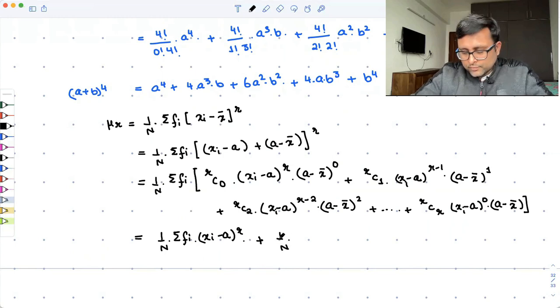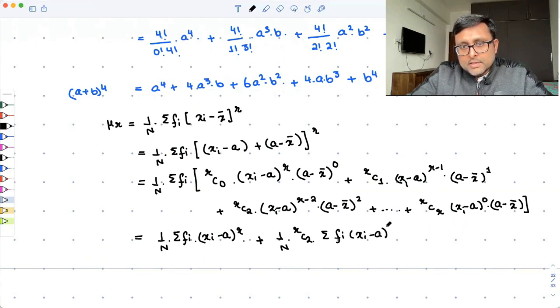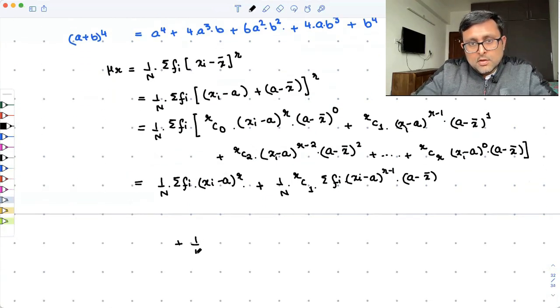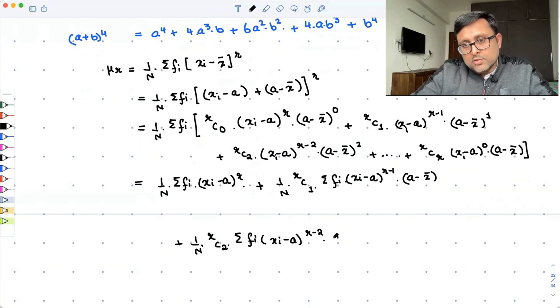It is 1 upon n rC1 summation of fi into xi minus a to the power r minus 1 into a minus x bar, plus 1 upon n rC2 summation of fi into xi minus a to the power r minus 2 into a minus x bar, and so on.